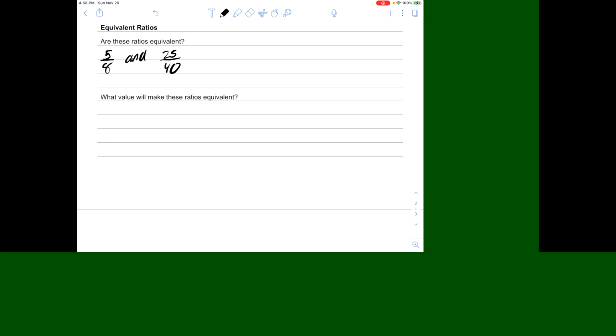The easiest way to compare these and see if they're equivalent or the same is just to simplify them. So here I would say, okay, 5/8, that can't be simplified, but 25 over 40 can. So I divide by 5, and I get 5/8. That means yes, these are equivalent.